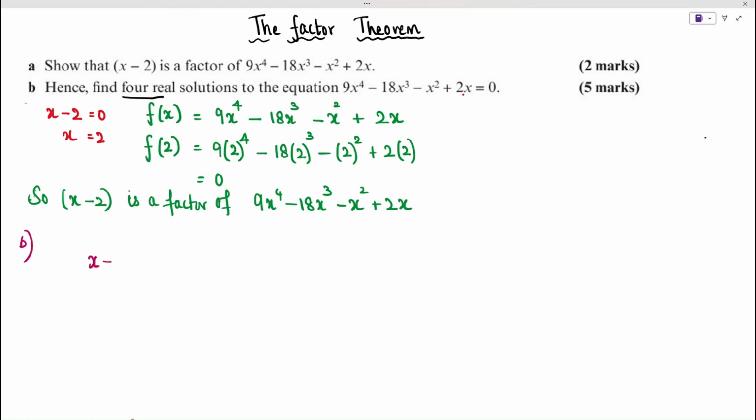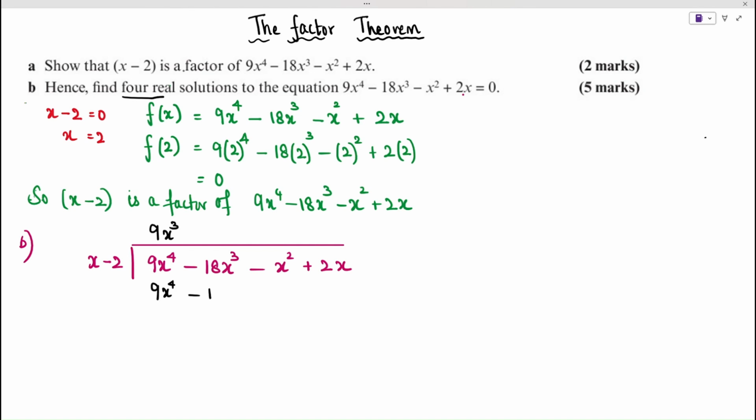So we have x minus 2 on the outside, and inside we're going to have 9x to the 4 minus 18x cubed minus x squared plus 2x. And so x times 9x cubed gives us the value of 9x to the 4, and minus 2 times 9x cubed gives us minus 18x cubed.